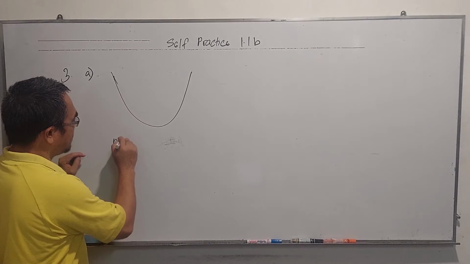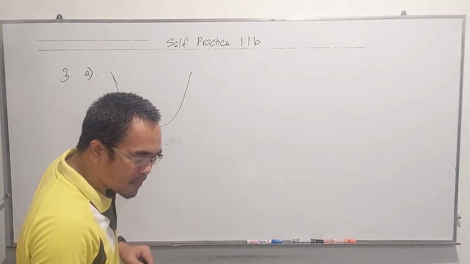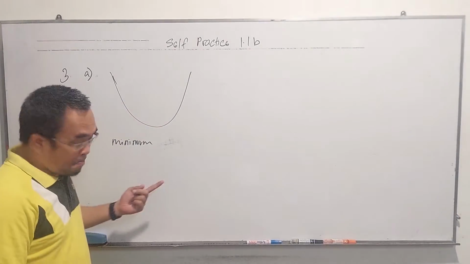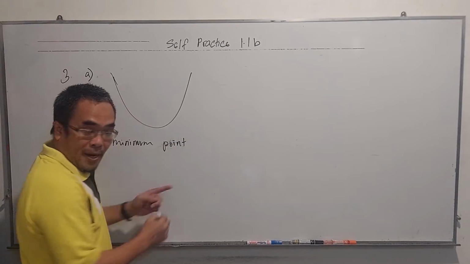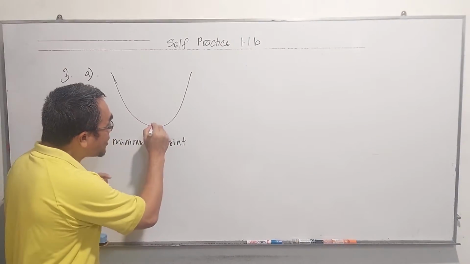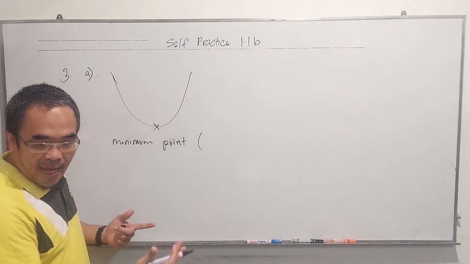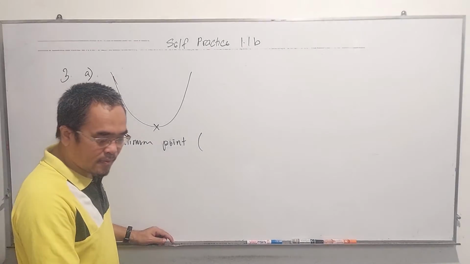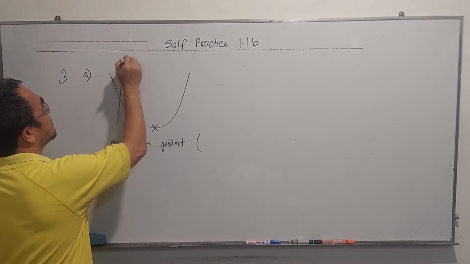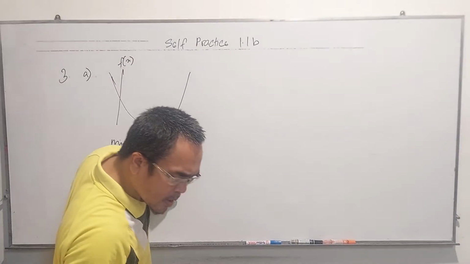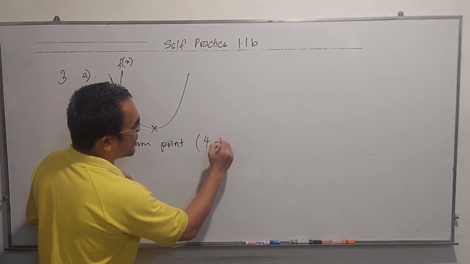Minimum point. But you have to state the coordinates. What is the coordinates here? What is the x and what is the y, or what is the f(x)? It is 4 and negative 15. That is correct. 4, negative 15.